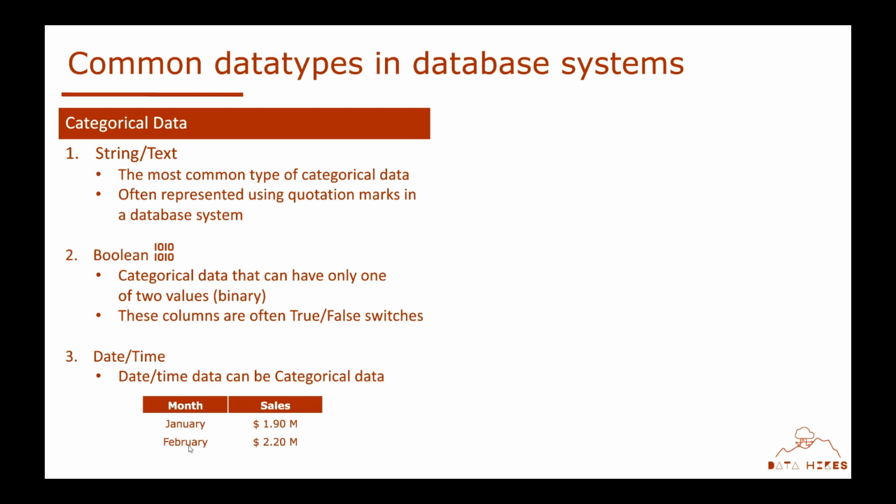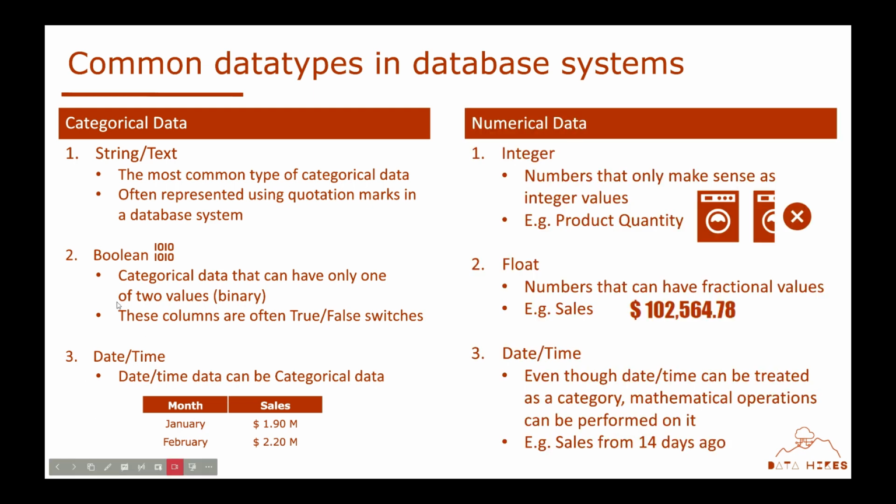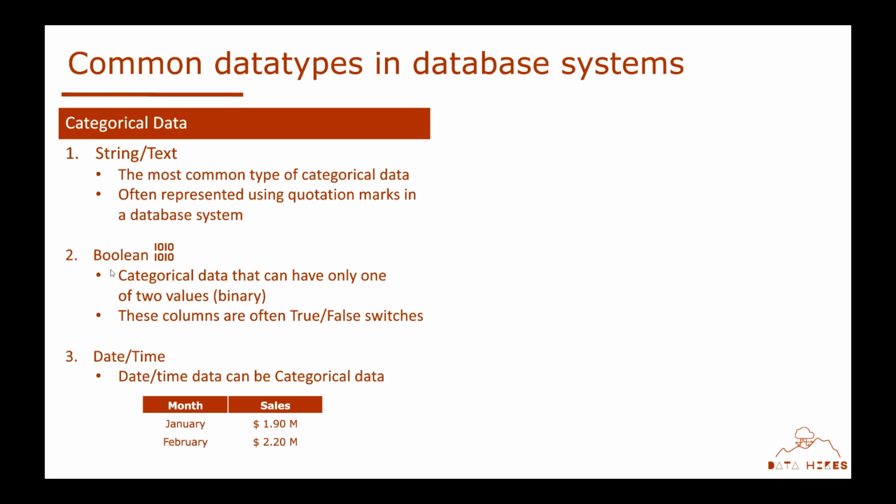So we can roll up to any of these sections of a date and look at it as a category. For example, even though maybe I had data at the daily level, I'm saying, hey, for the entire month of January, what are my sales? And then for the entire month of February, what are my sales?